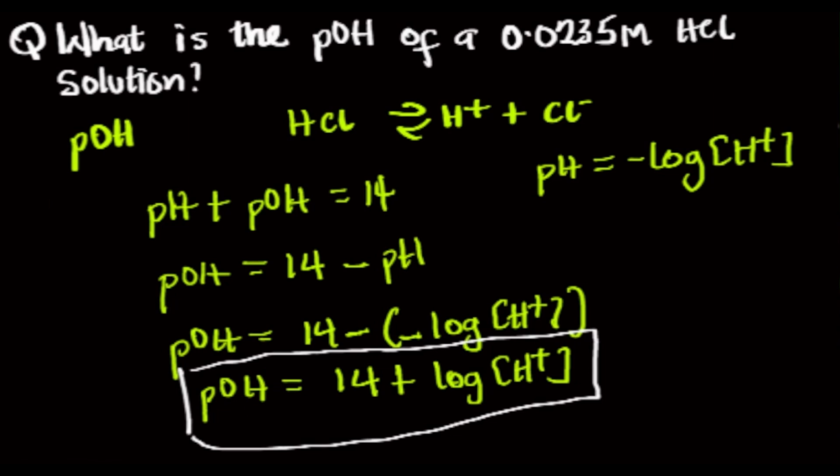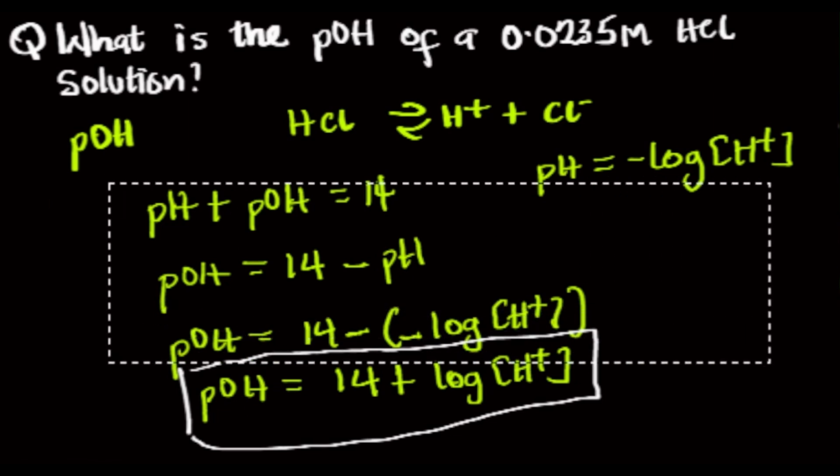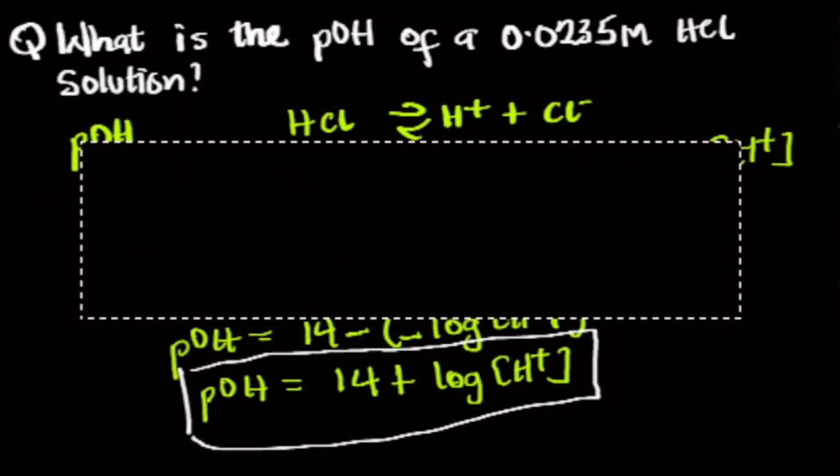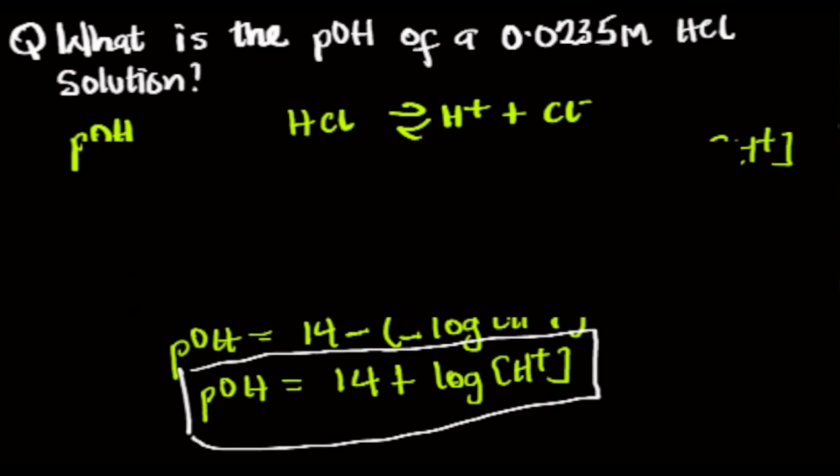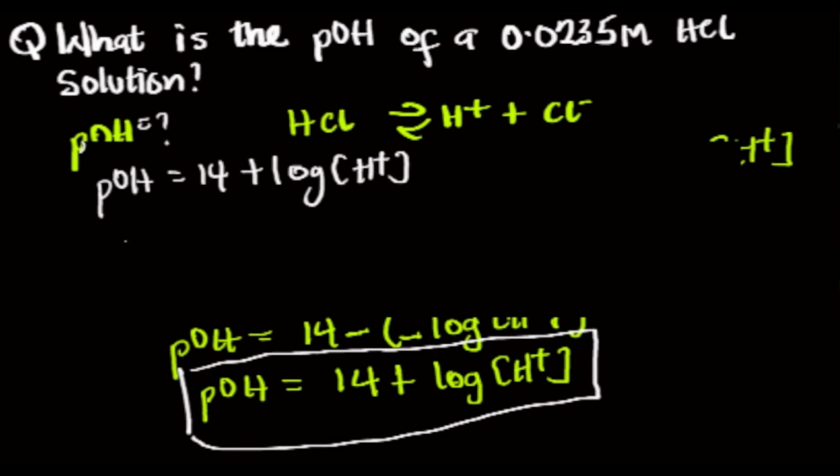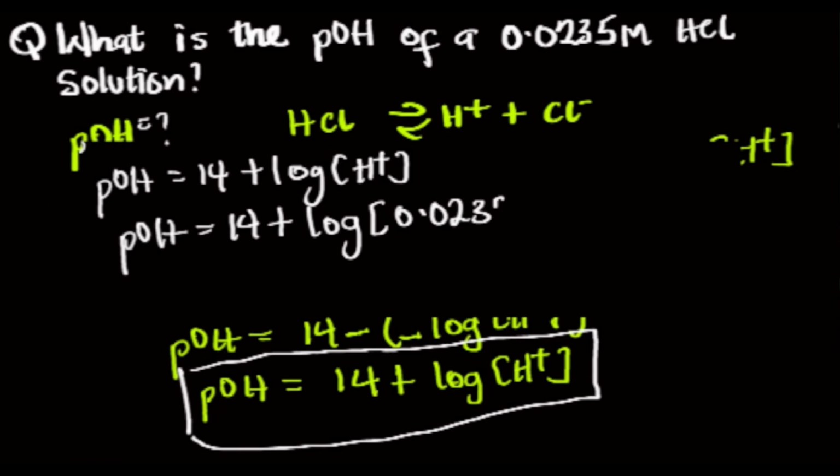It's very, very simple. Now let's go ahead and solve it using the formula to see what we are going to have. Since we are asked to calculate the pOH, and we already recall that pOH is equal to 14 plus log of the hydrogen ion concentration, in this case I'm going to have pOH equal to 14 plus log 0.0235.